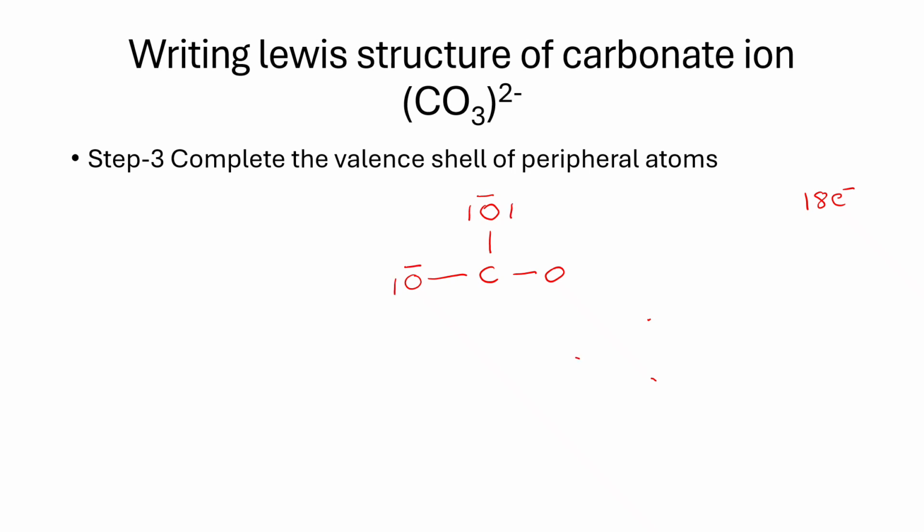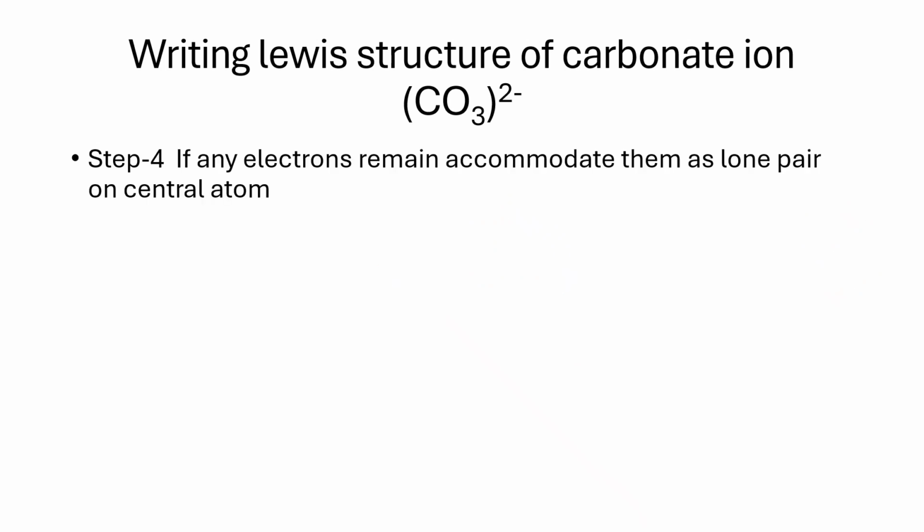So there are three lone pairs which we can put on each, and so we have a total of nine lone pairs over here. So that would mean all the remaining 18 electrons have been accounted for, and in reality, therefore this should be a perfect Lewis structure, since there are no electrons remaining.